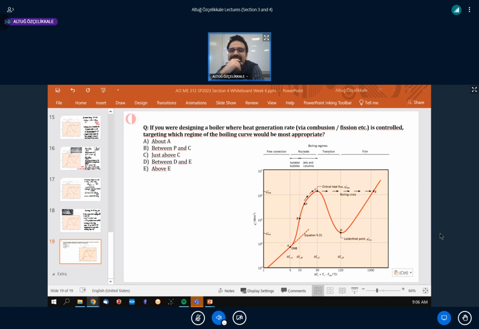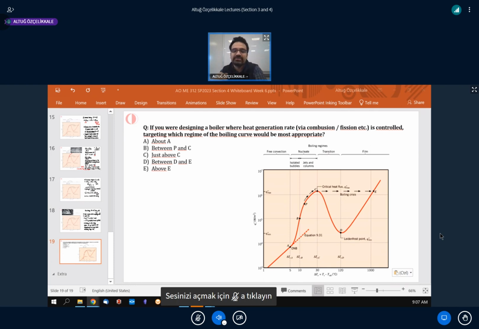Most practical applications are also controlled by heat flux. Remember that controlling surface temperature is difficult. We have seen this in the flat plate discussion as well, right? In order to control the surface temperature and make it an isothermal surface, we had to attach various heating modules with different heat fluxes all across a plate.